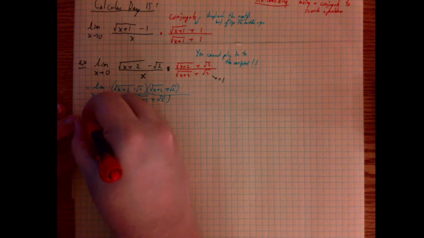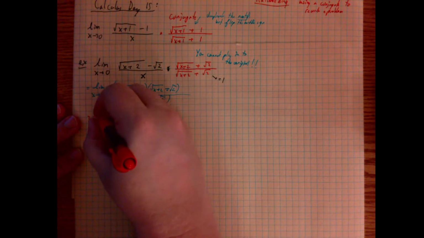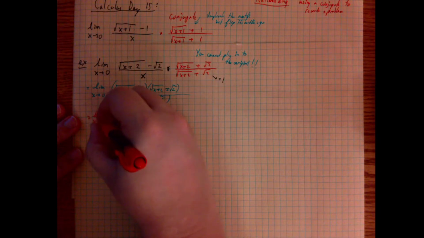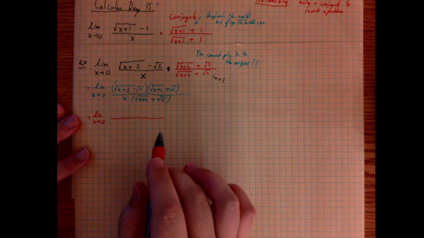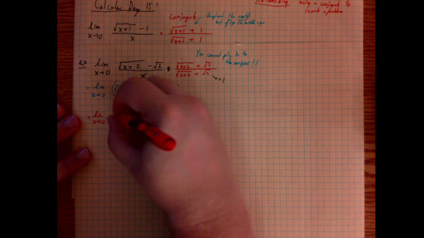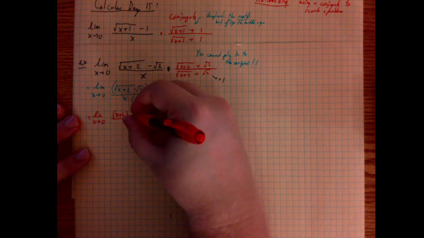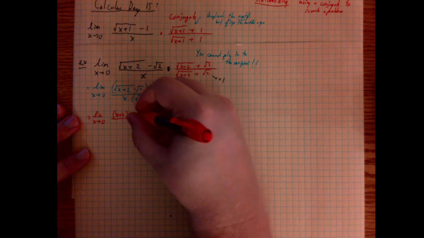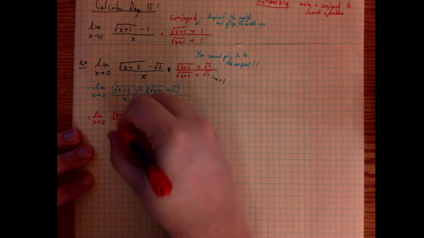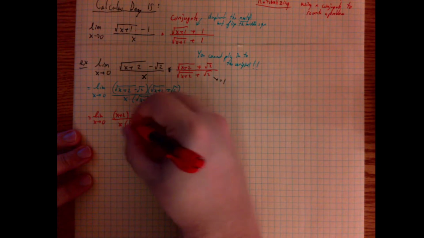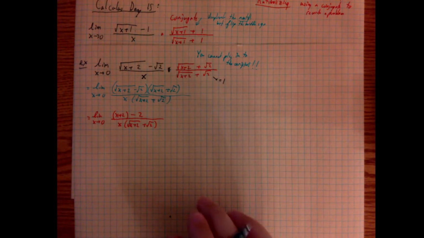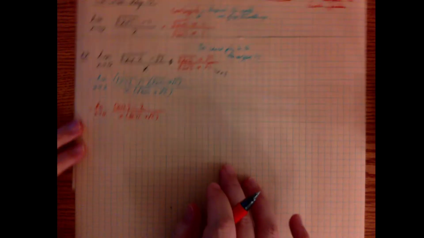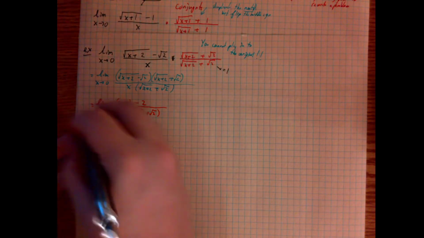On top, we're going to follow this out. Now, the reason we're using the conjugate is, if you remember how to use a conjugate, it's difference of squares. So this becomes x plus 2 minus 2. And on bottom, x square root of x plus 2 plus square root of 2. And then we simplify some more.